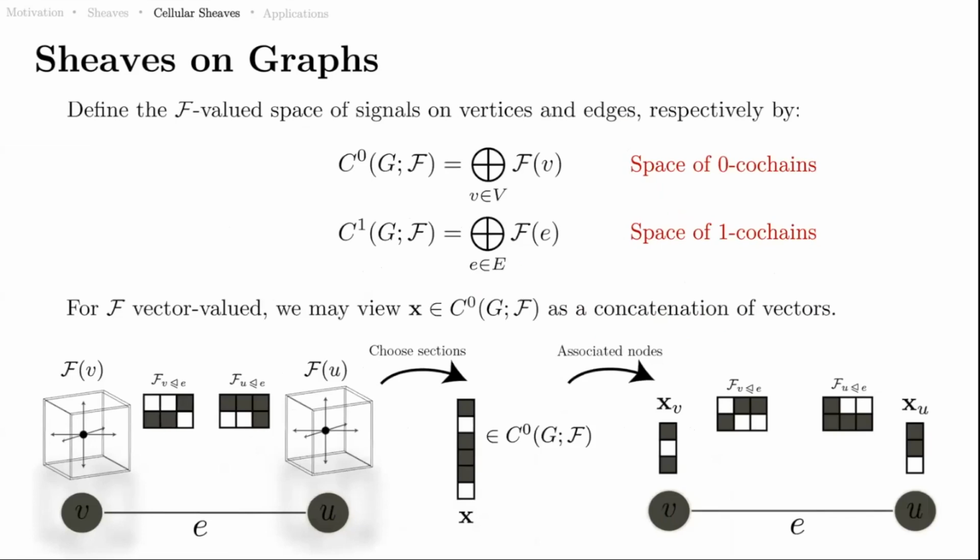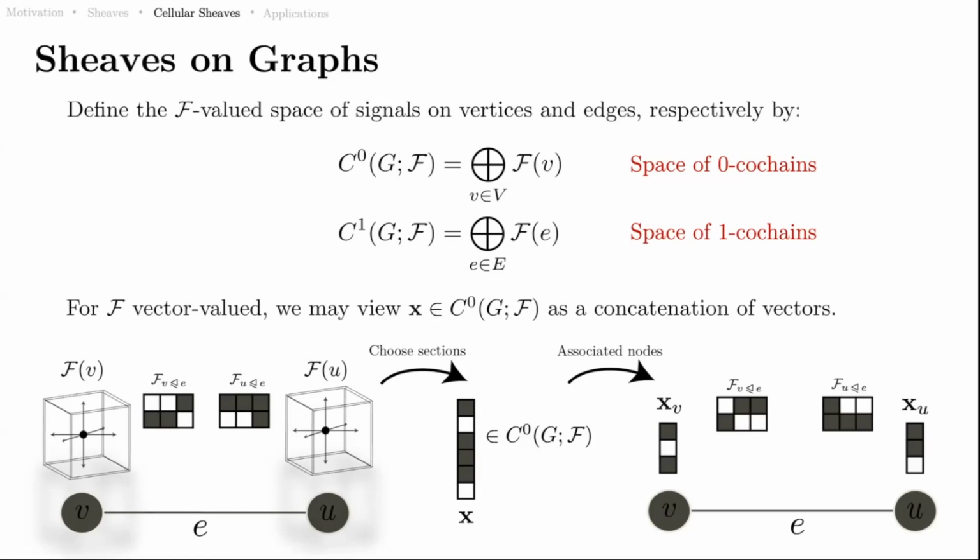And if you recall from our categorical definition of the sheaf, we need some notion of this product over vertices, which we can define pretty easily as the space of zero cochains, C0. And similarly, we can define this intersection product space as the space of one cochains.